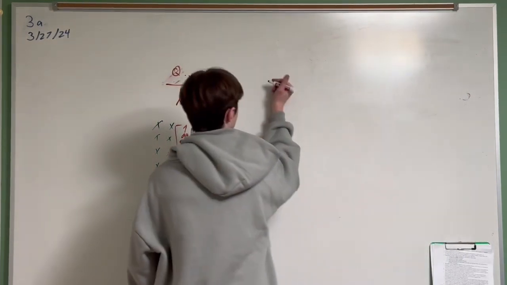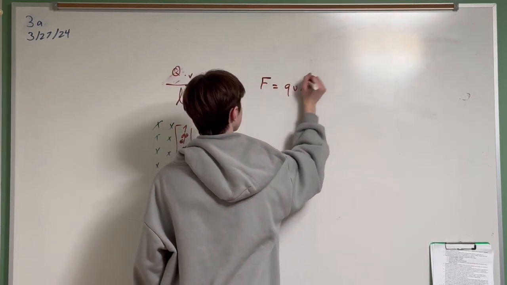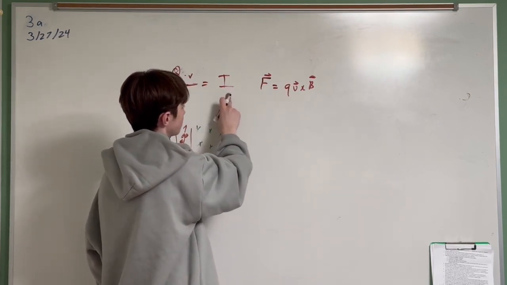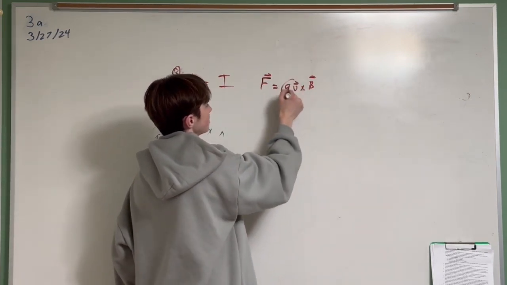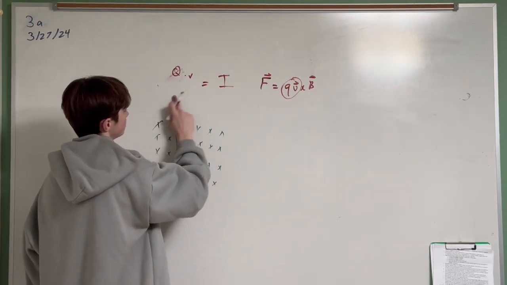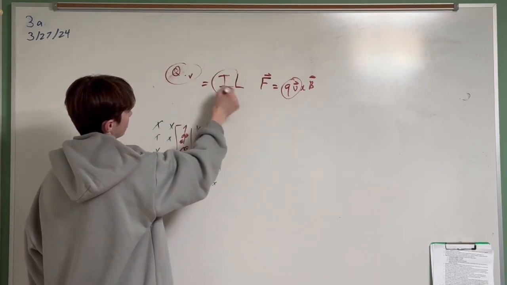So we had F equals QV cross B, with all of our vectors. And because Q times V over length is equal to I, let's move this length to the right side. Q times V equals IL. Look, we have QV and here we have IL.